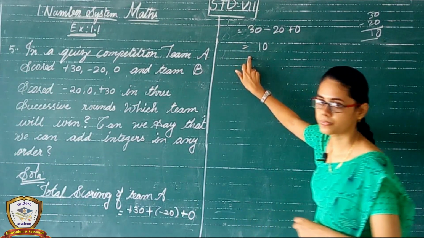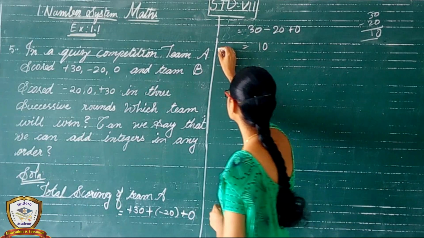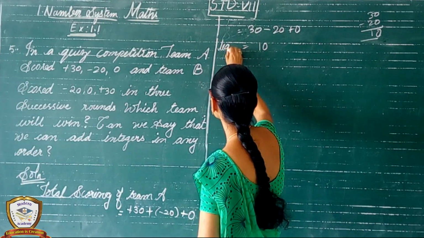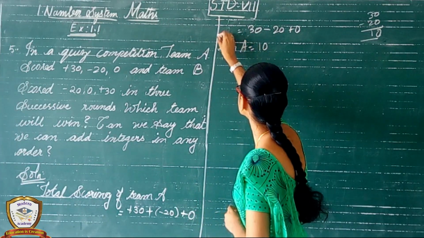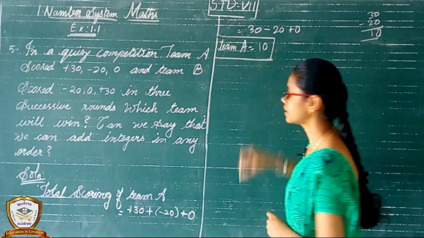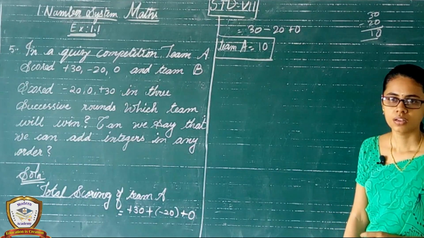So this one, which team? Team A. In team A, the score is 10. Clear?